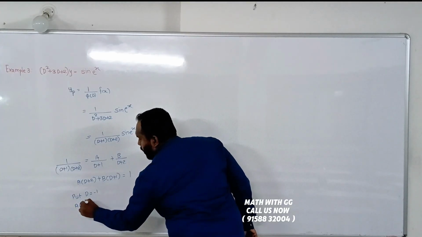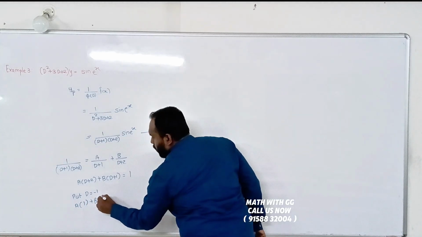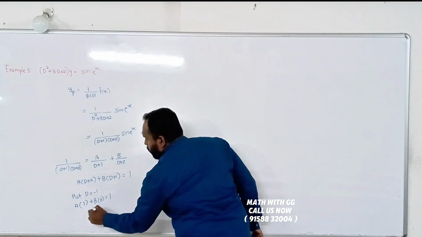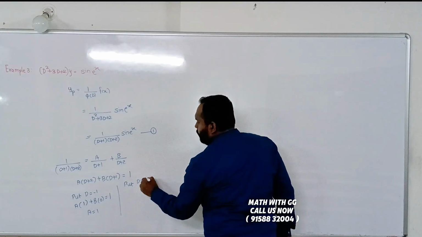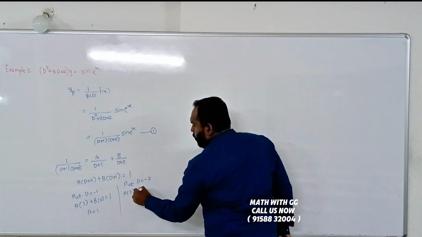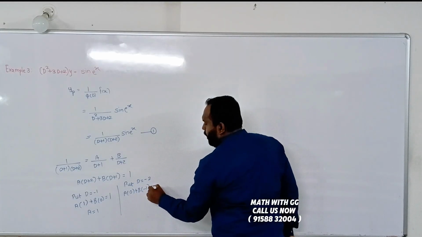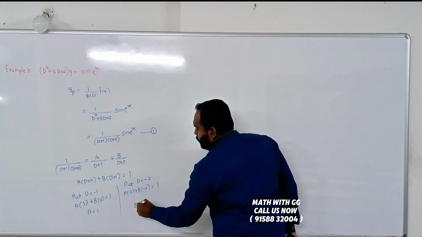Therefore, we get a into minus 1 plus 2, which is 1, plus b into 0 equal to 1. So a equal to 1. Put d equal to minus 2. So we get a into 0 plus b into minus 1 equal to 1. Hence, b equal to minus 1.